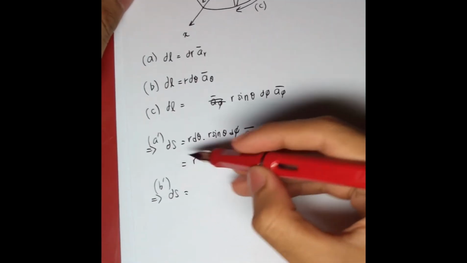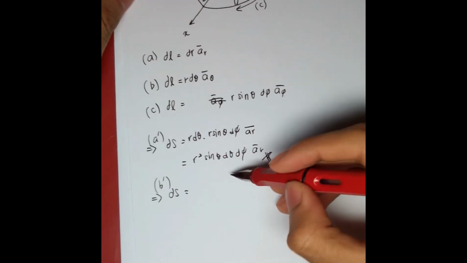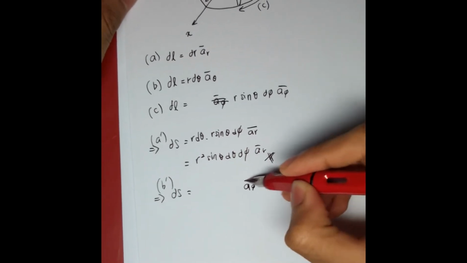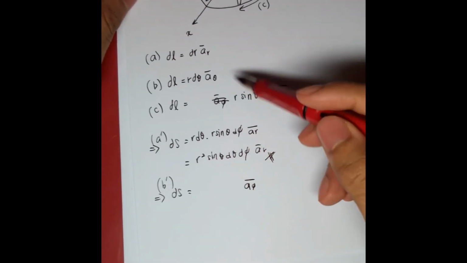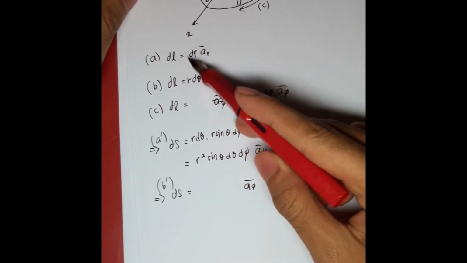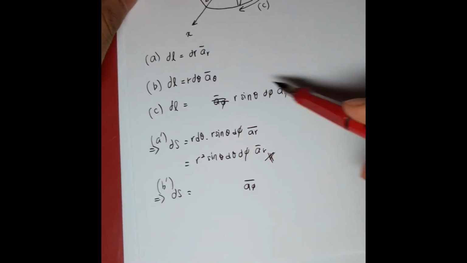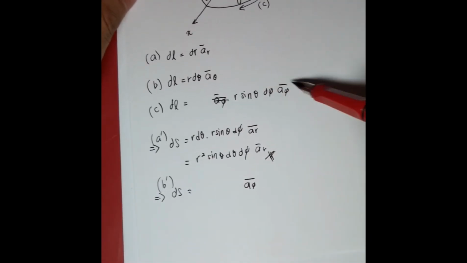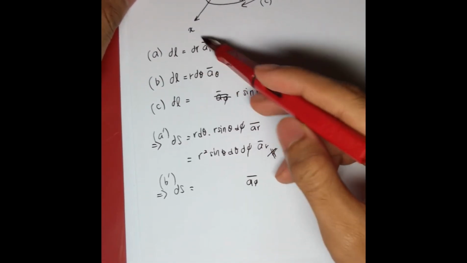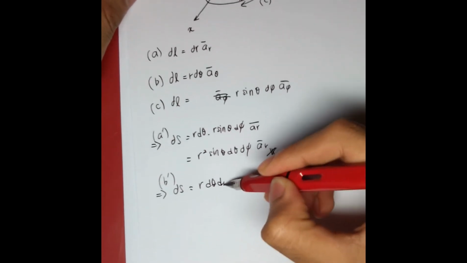Therefore, the unit vector should be a phi. Now the magnitude should have no relation with phi. So we can take the magnitude of r and theta. So it should be r d theta dr.